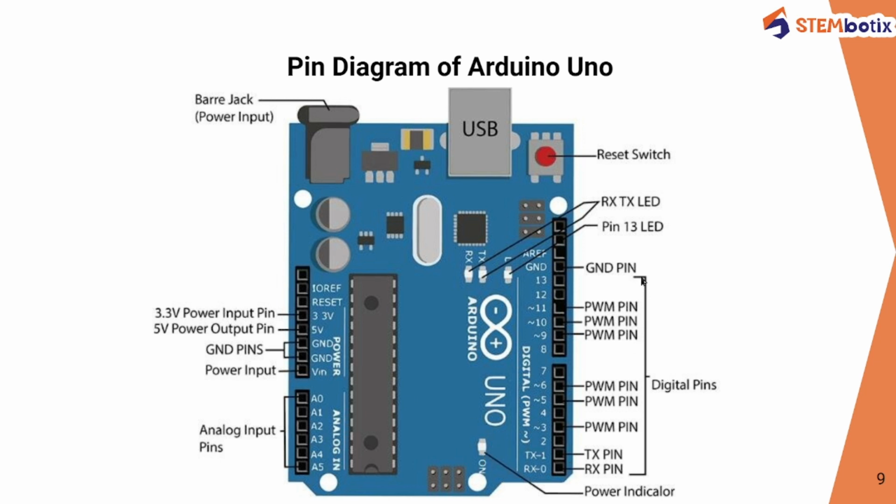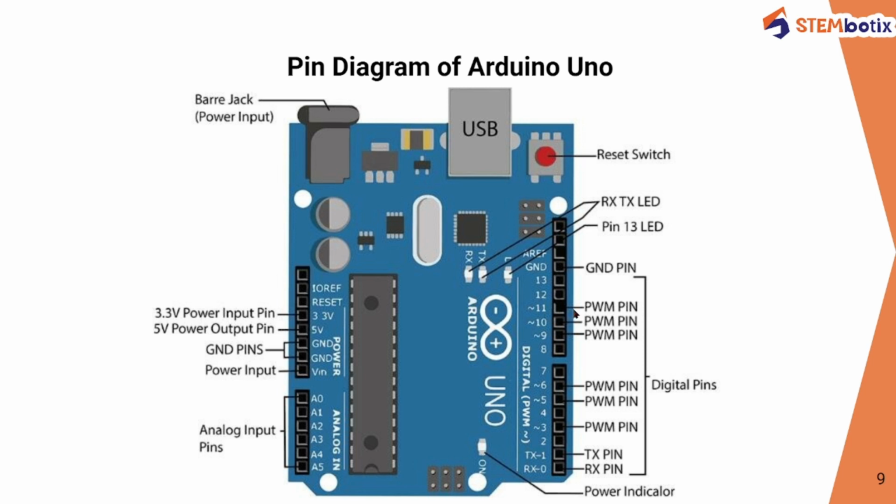After that we have digital pins. In total it has 14, and they are numbered from 0 to 13. So these are the digital pins used as input and output pins. From them, 6 are PWM pins, numbered 3, 5, 6, 9, 10, and 11.